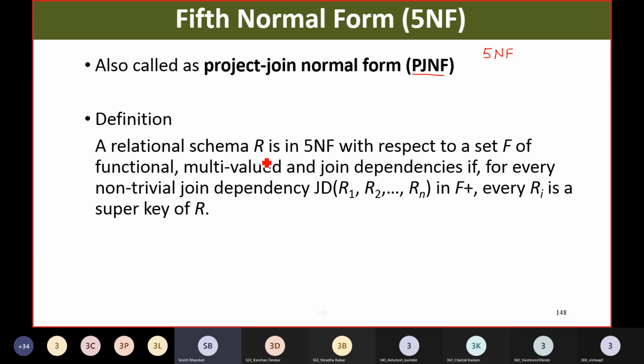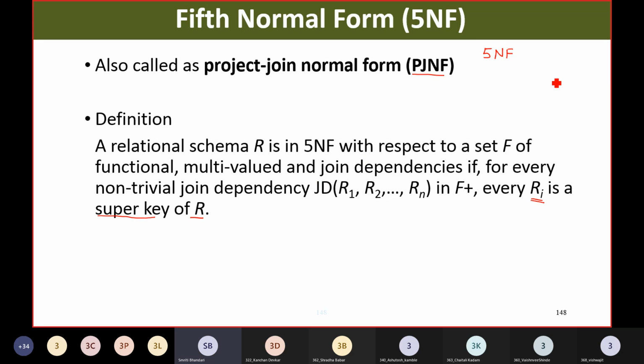A relation schema R is in 5NF with respect to the set F of functional, multi-valued and joint dependencies if for every non-trivial joint dependency JD(R1, R2, up to Rn), every Ri is a super key of R.